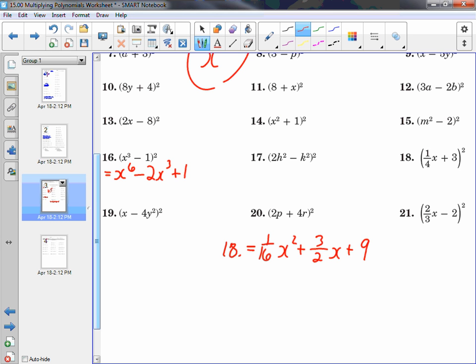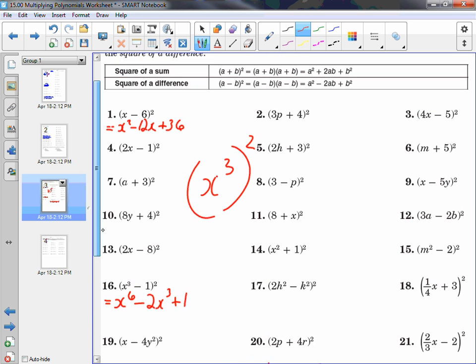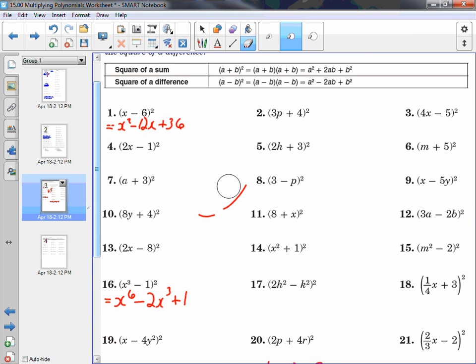Now, our answers to these are all called perfect square trinomials. You can see the trinomial, right? Because doesn't every answer have 3 terms in it? So they're trinomials. Why are they called perfect squares? For the same reason a number is. 25 is called a perfect square because it's equal to 5 squared.